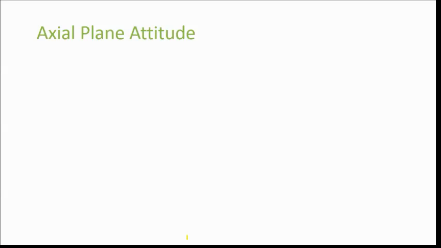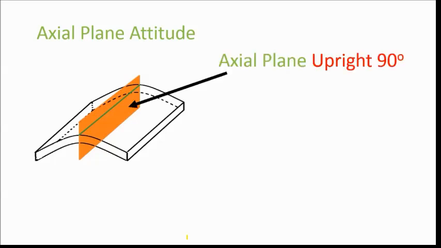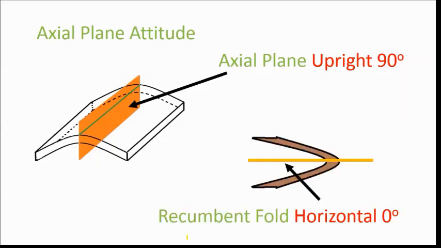We can also describe the shape of the axial plane. In this diagram, the axial plane, shown by the orange 3D box, is upright. You can see the axial plane trace marked as the green line. However, not all axial planes are upright, are vertical. Some of them can be, as you see in this example, might be horizontal.